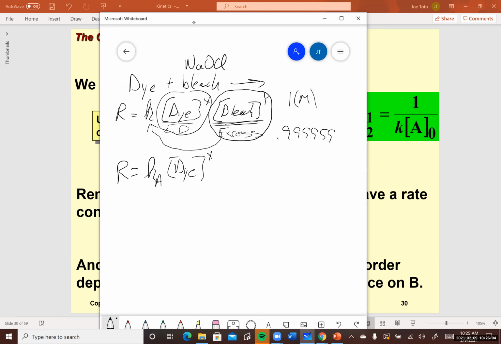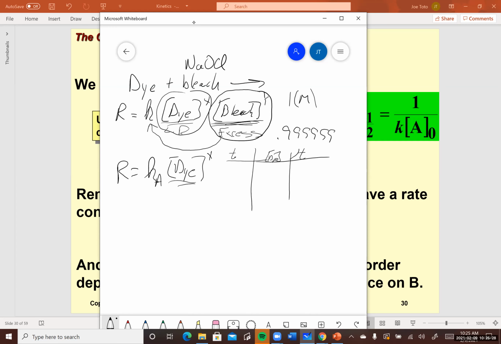to the X. And so when you take your experimental data of concentration and time, you're just going to do it for the dye, and then you can make those plots. Let's put time over here instead.